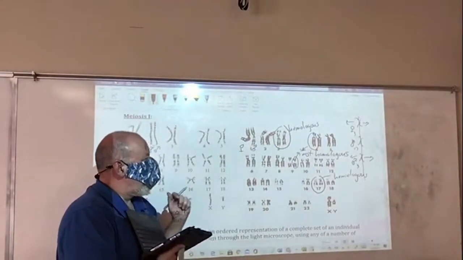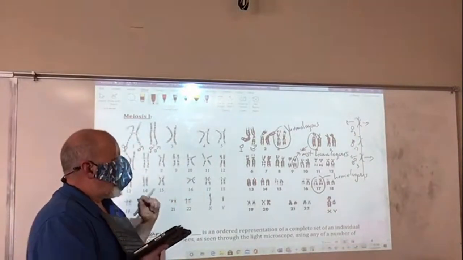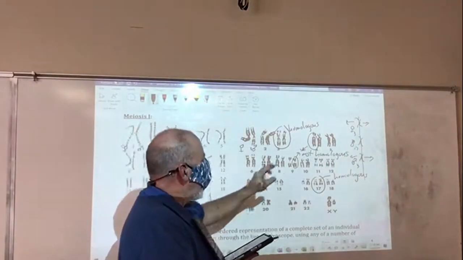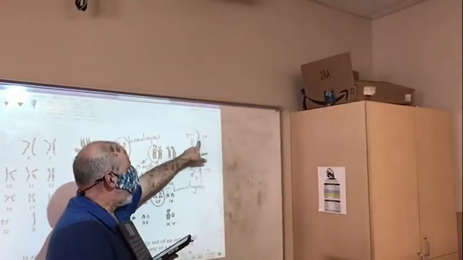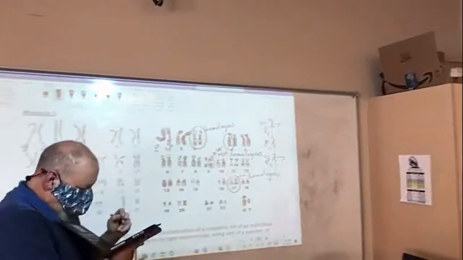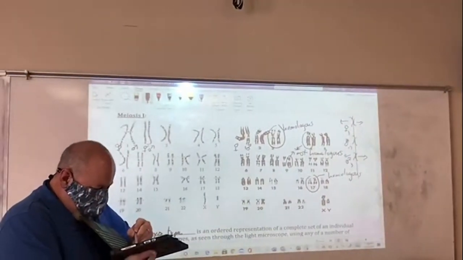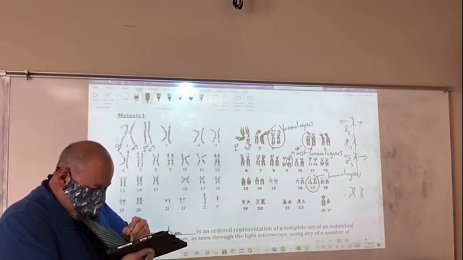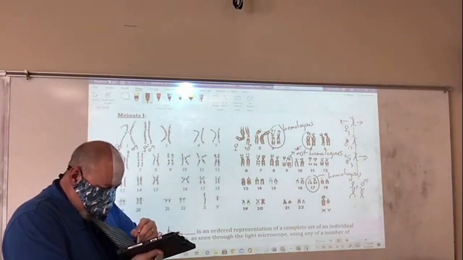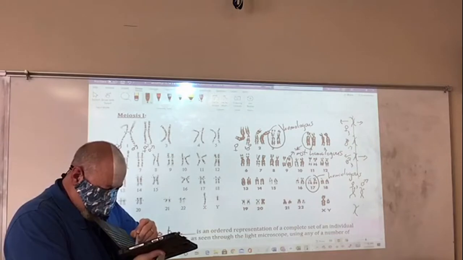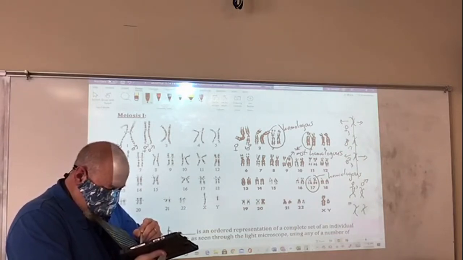But in meiosis, the goal is different. In meiosis, instead of metaphase being this, the first metaphase is going to be this. This is going to be mom's 3, and this is going to be dad's 3, and this is going to be mom's 17, and this is going to be dad's 17.